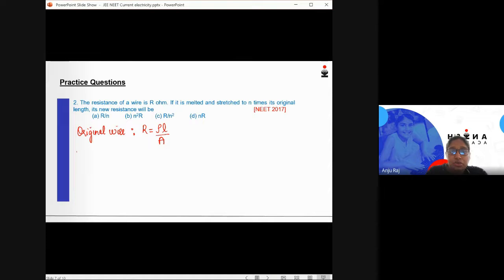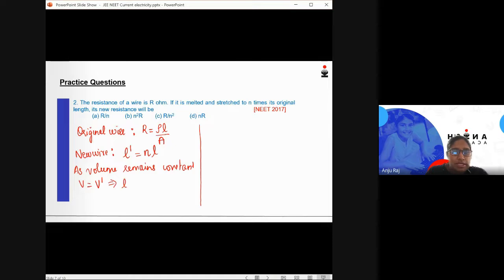Now for the new wire, what is happening? You are melting it and stretching it to n times the original length, which means L dash will be equal to n times the original length, that is n into L. Now, as volume remains constant, the same procedure, V will be equal to V dash, that is before stretching and after stretching.